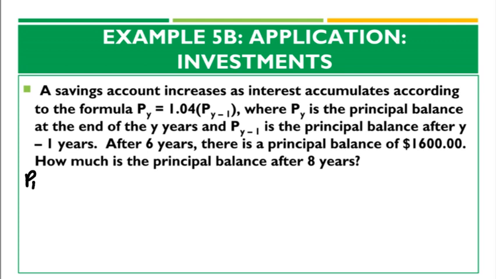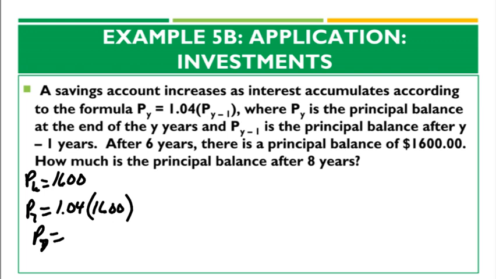So after 6 years, it was $1,600. So to find for 7 years, you would take the 1.04 times our 1,600. So 1,600 times 1.04. So after 7 years, you had 1,664.